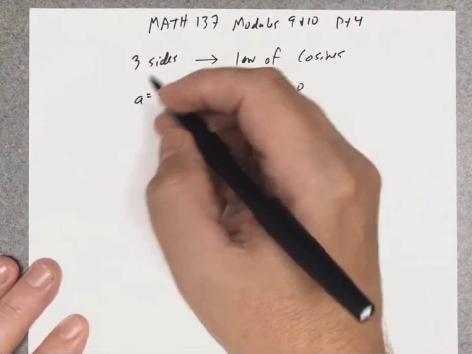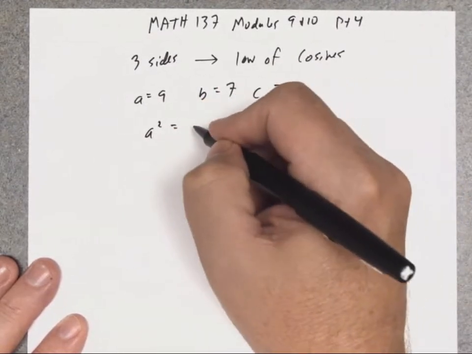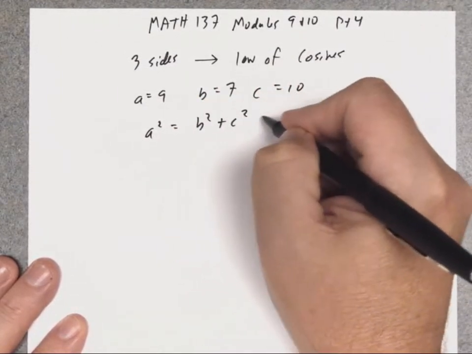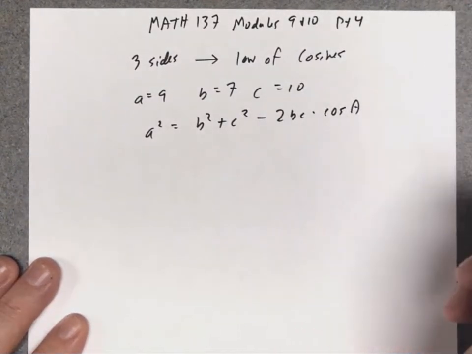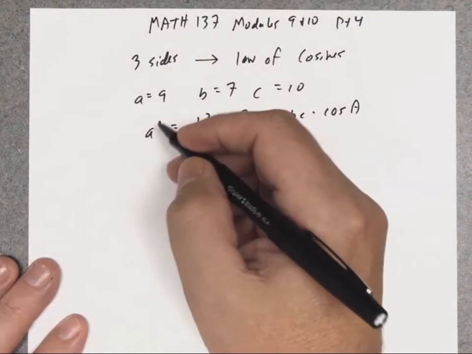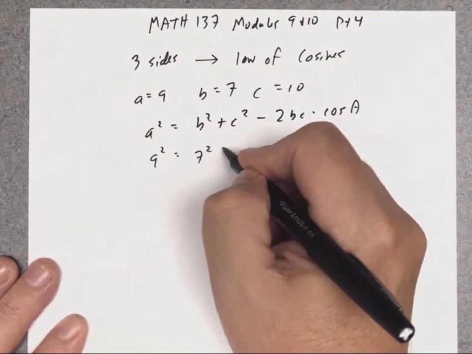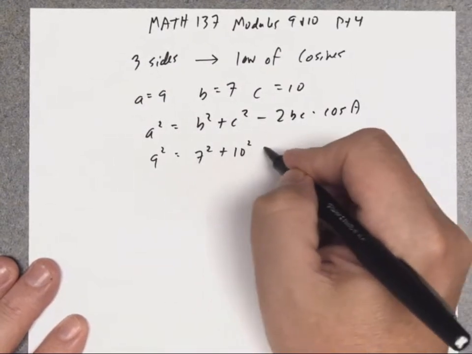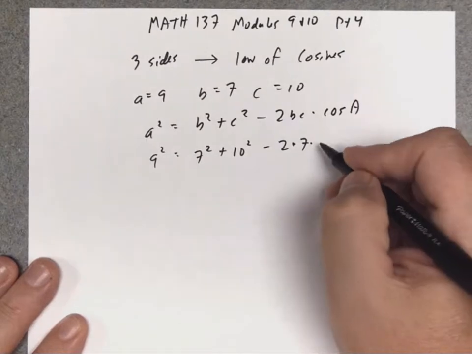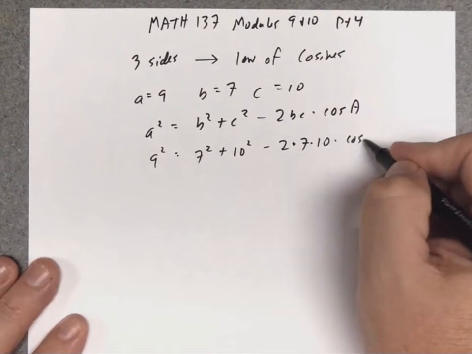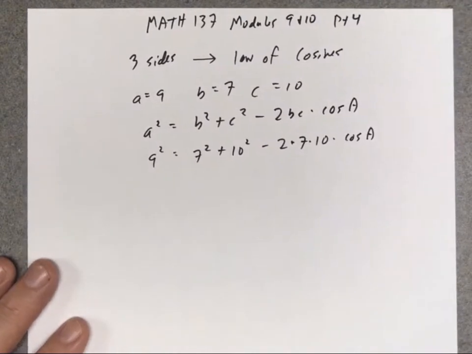We'll just start with A. So we'll use this law of cosines equation: A squared equals B squared plus C squared minus 2BC times cosine of A. If I plug in everything I know, A is 9, B is 7, C is 10. So this just becomes a matter of being careful with your math. Basically, we're going to eventually solve for cosine of A.